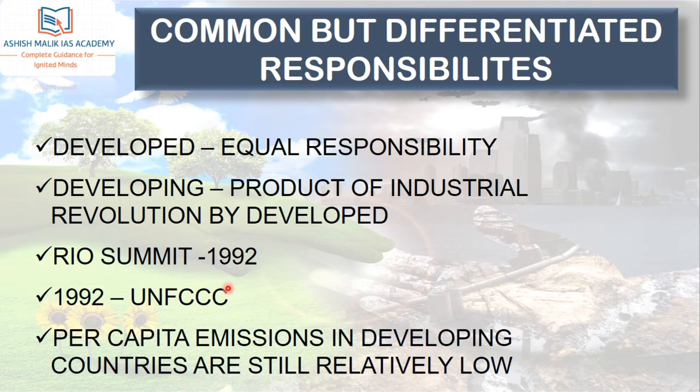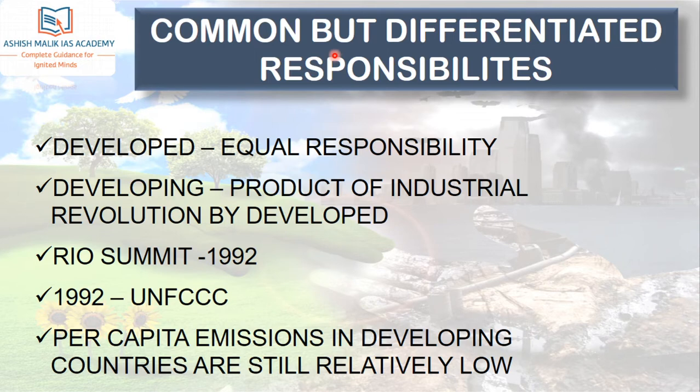And how would they protect the climate system? It said that it should be on the basis of equity and in accordance with their common but differentiated responsibility. So both this summit and this convention gave formal recognition to this concept of common but differentiated responsibility.